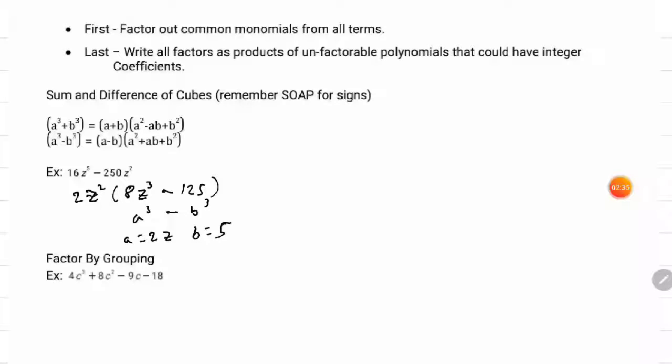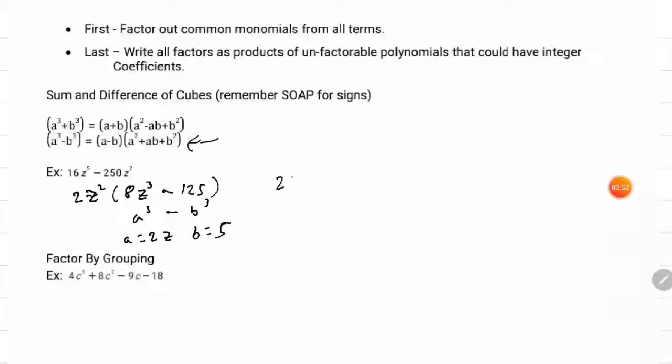So let's continue on. So we know what a is, we know what b is. Now we can plug everything into our second equation here, because this is an a cubed minus b cubed situation.